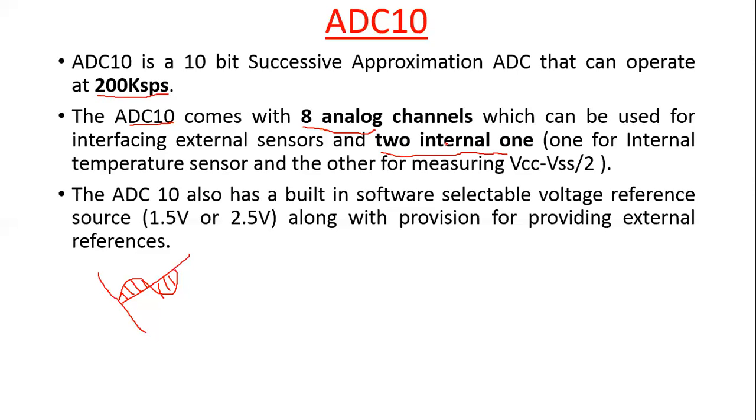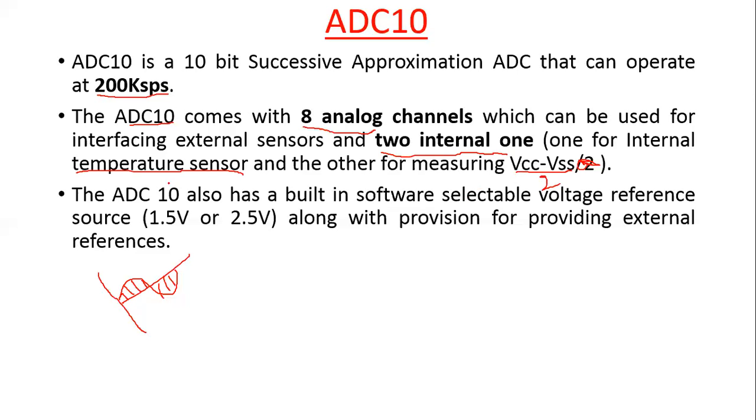The 2 internal signals are: one is used for connecting a temperature sensor and another is used for a mid value. Mid value means it's a center value, that is, VCC minus VSS by 2. Depending upon these values we can choose a middle value.